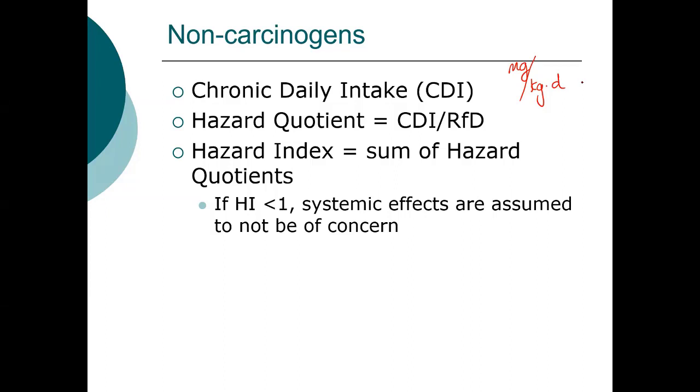What we refer to as the hazard quotient is the CDI for a particular chemical divided by the reference dose for that chemical, and the hazard index is the sum of all the hazard quotients. So if there's multiple contaminants, then you're looking at the sum of those contaminants.